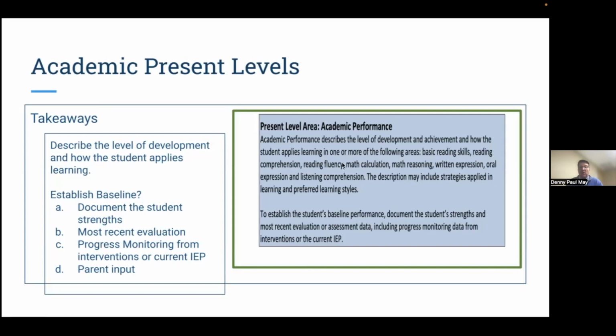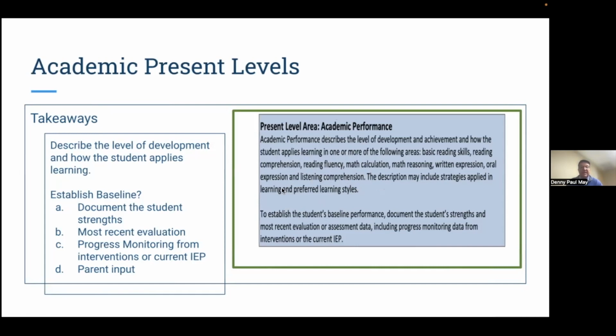We've hit this pretty hard, but you can see this is the beginning section of the academic performance piece. And this screen grab is taken right out of the IEP guidance document, and it talks about academic performance. And it says, really key here, describe the level of development and how the student applies learning.